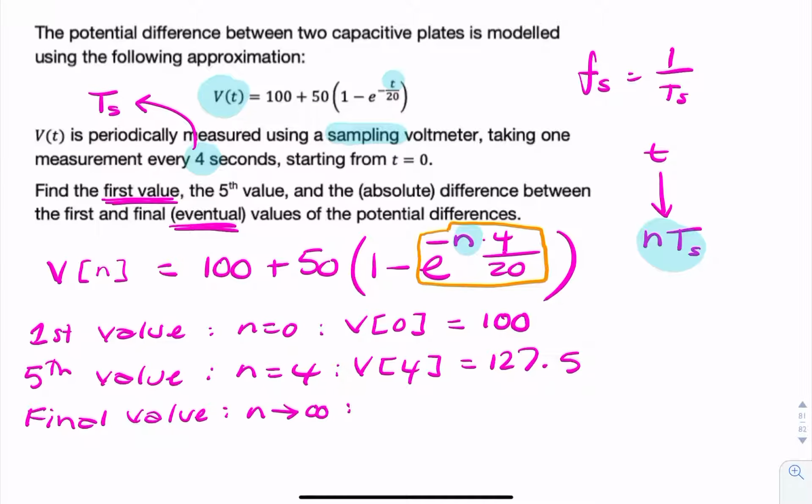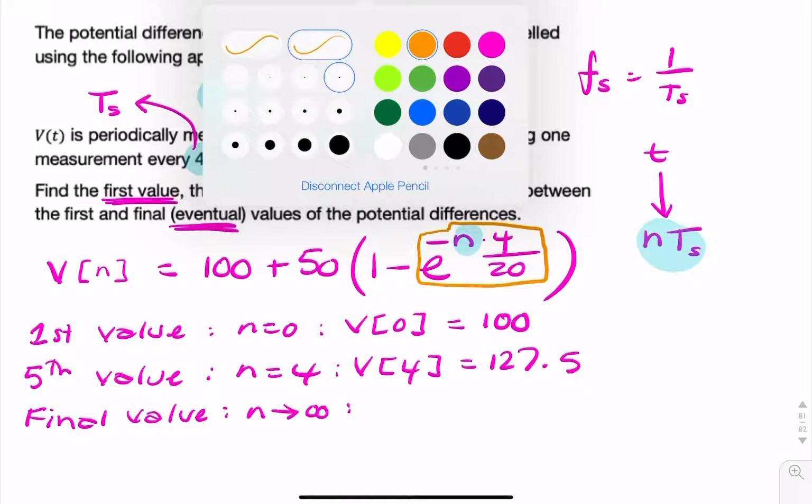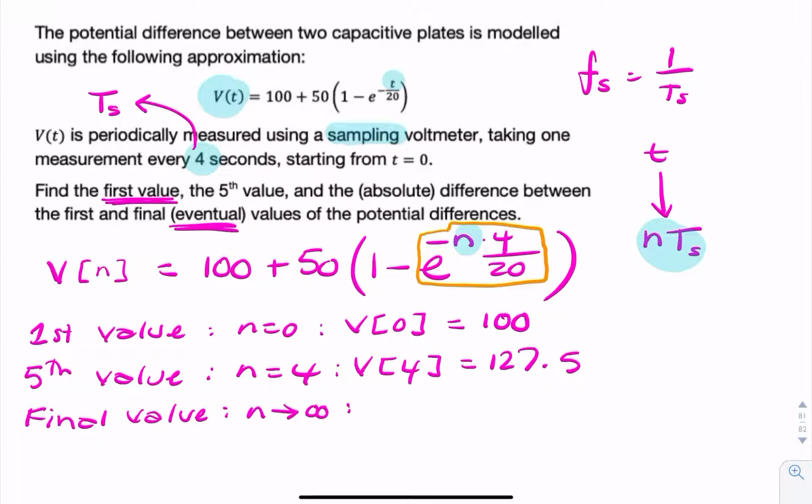So you'll have 100 plus 50 equals 150. Now, I put that for illustration, but we're not allowed to say that because there is no such thing as V of infinity. So we'll just say the final value, or the eventual value.